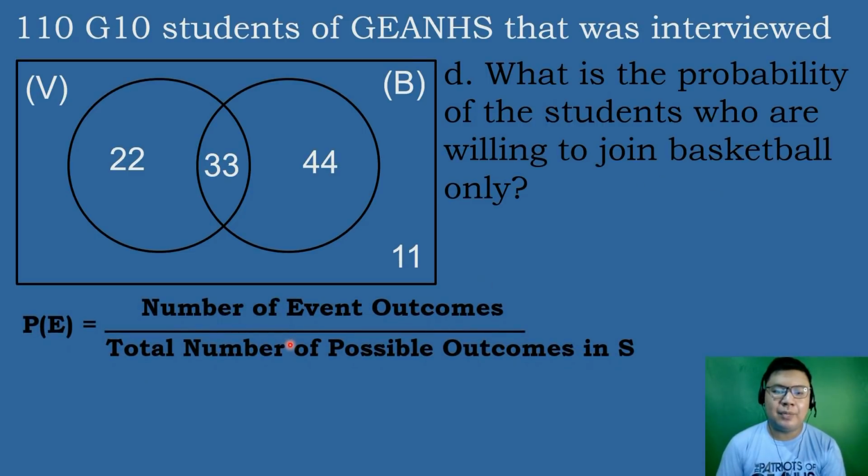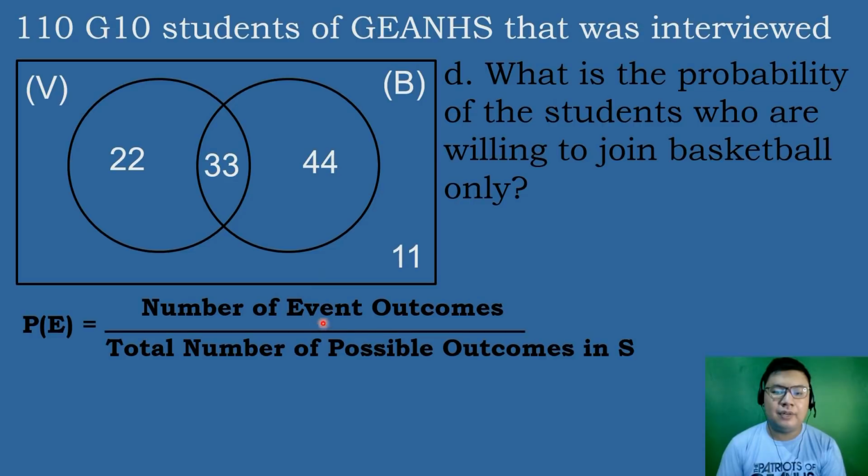Next question, what is the probability of the students who are willing to join basketball only? So using the formula of simple probability, we will look at the circle of basketball in which we will get the number of students who will join basketball only. We will not include 33 again because 33 indicates the students that will be joining volleyball and basketball. So we will just get 44.